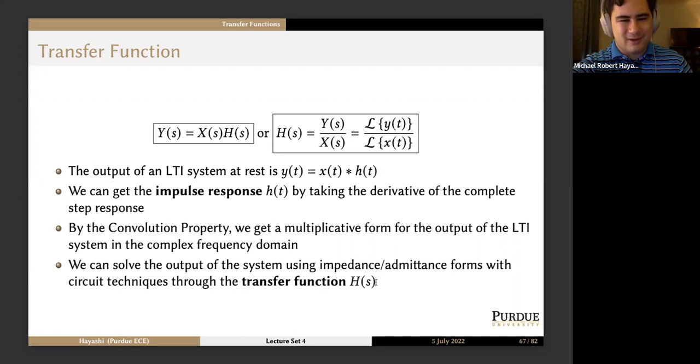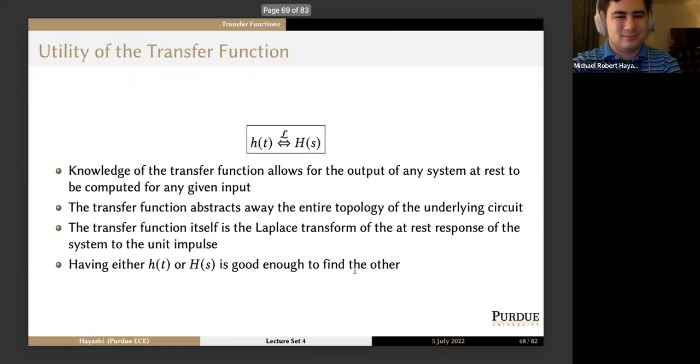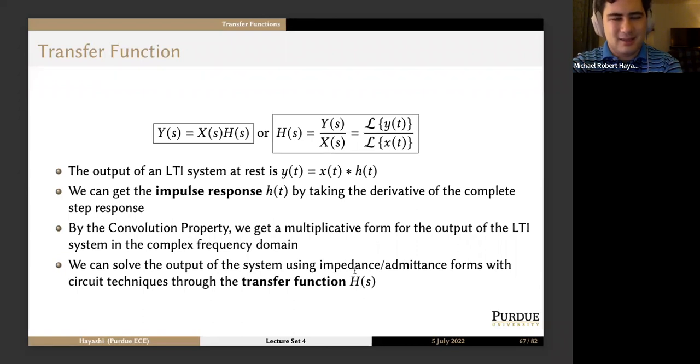So the transfer function, as we'll call it, capital H of s, is going to be written using impedance and admittance forms with our circuit techniques. So this allows us to define basically the behavior of our circuit regardless of the input being used.